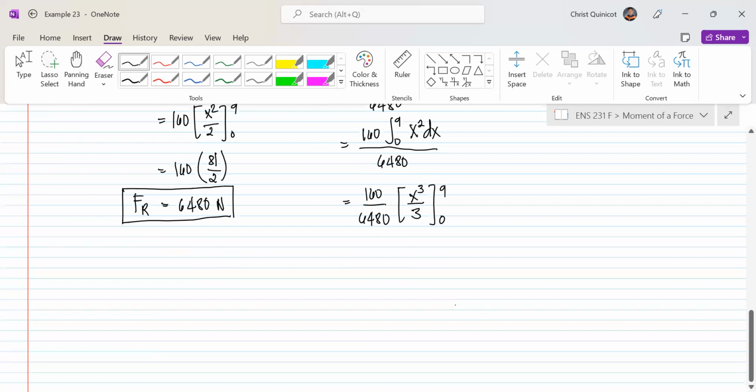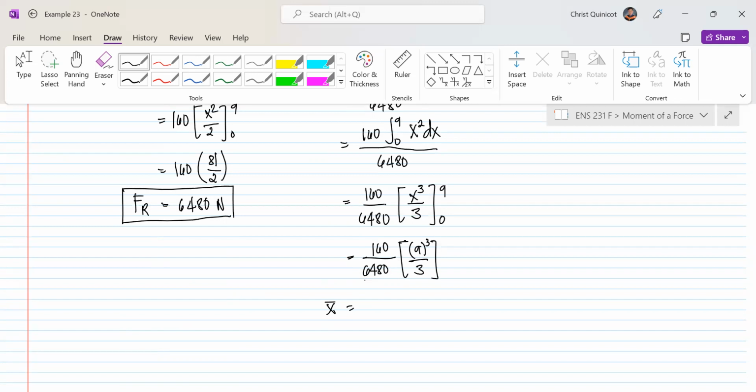So again, I will not include 0 because 0 is still 0 anyway. This is then equal to 160 divided by 6,480 bracket 9 cubed divided by 3, and our bar x is equal to 9 cubed is 729 divided by 3.